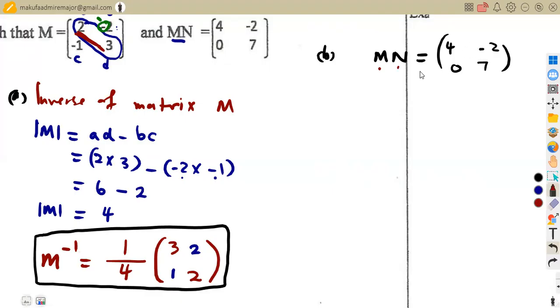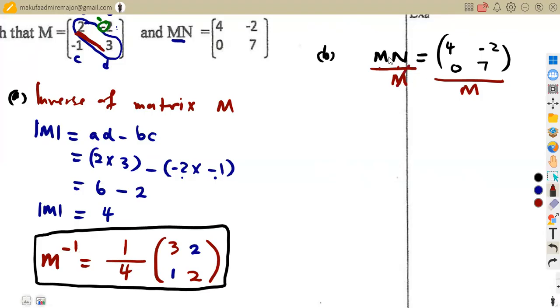So my question is simply, how am I going to remove this M? If you're given an equation like 2x is equal to 7, how do you find x? You simply divide by 2. But under matrices, you don't divide. We're supposed to divide by M to find N, but under matrices you do not divide like this.